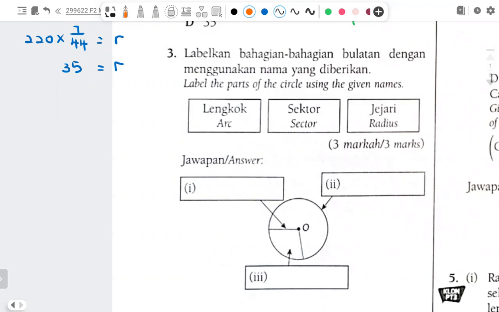Okay, so number 1 is radius. You can double check yourself. Number 2 refers to the curved line, which is the arc, and the third one is sector, because the arrow is pointing inside, pointing at the region. That's why number 3 is sector.